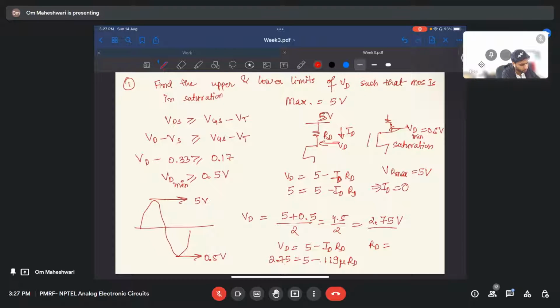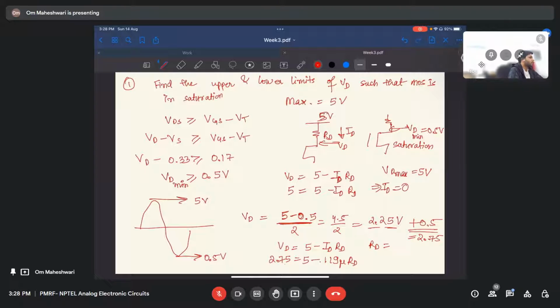So that is why I have to do 5 plus 0.5 by 2, or you can also write it like this, 5 minus 2.25, and 0.5 we will add later, so that we get 2.75.